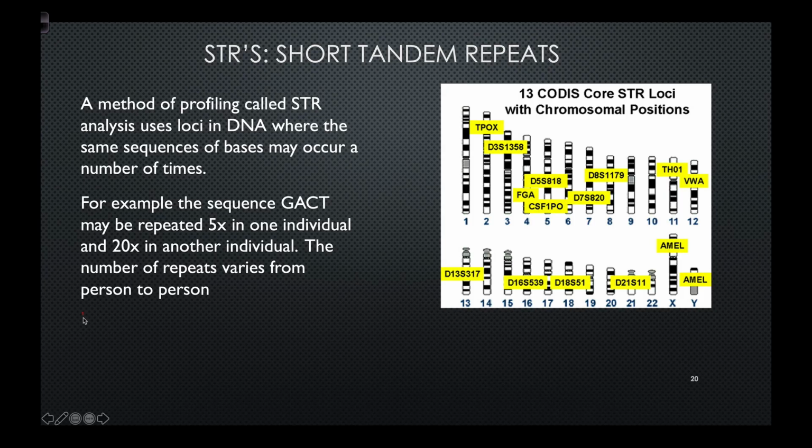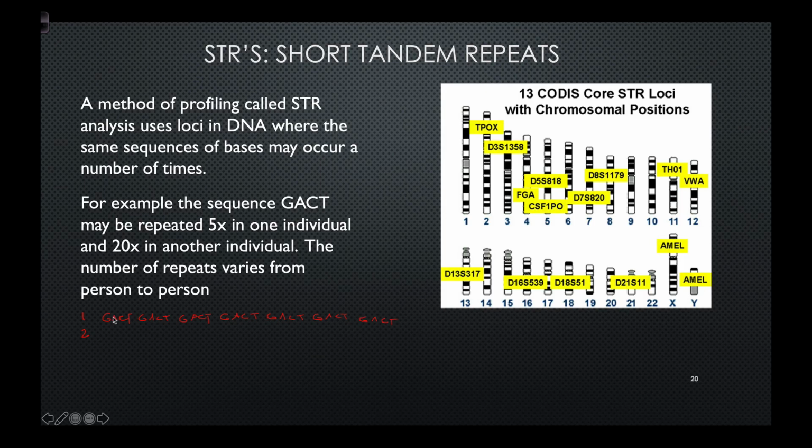Imagine we have 2 individuals. We have person 1 and we have person 2. At the end of a sequence of letters, we find a sequence that begins G-A-C-T, G-A-C-T, G-A-C-T, over and over again. In this person here, let's keep it going a little bit: G-A-C-T, and one more time, G-A-C-T.